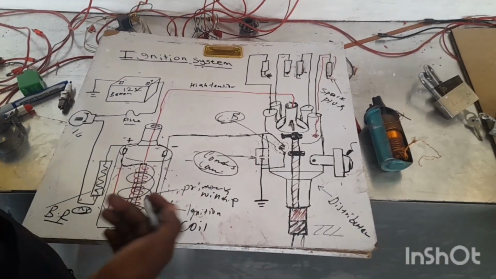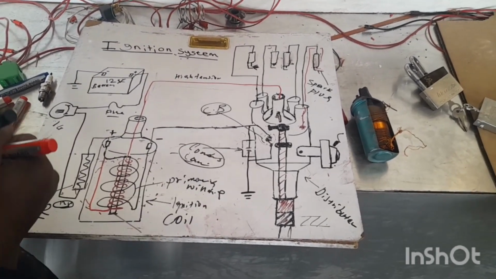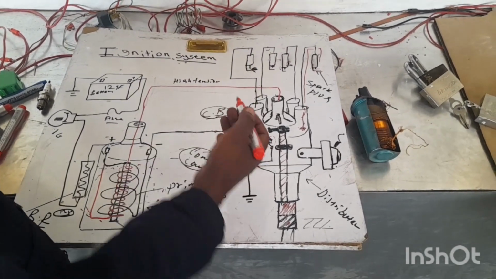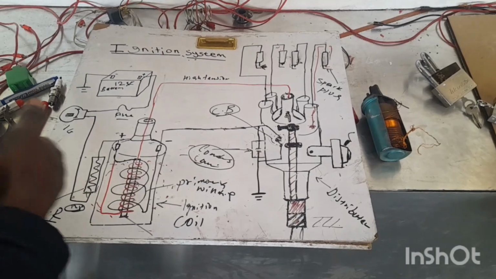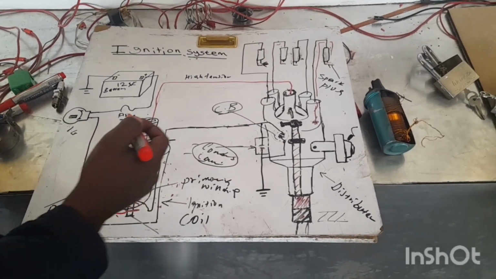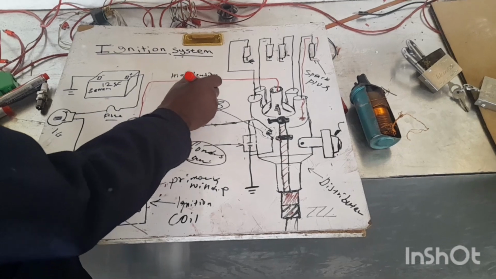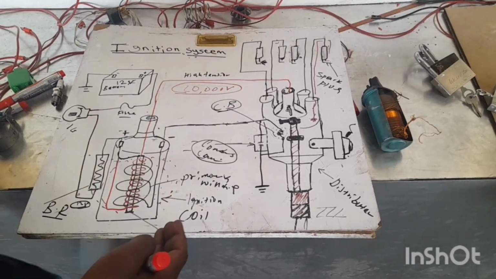So let's describe how the spark is produced, and later I will describe the second condition, where the high tension voltage is around 20,000 volts. I'll describe how this voltage is created.